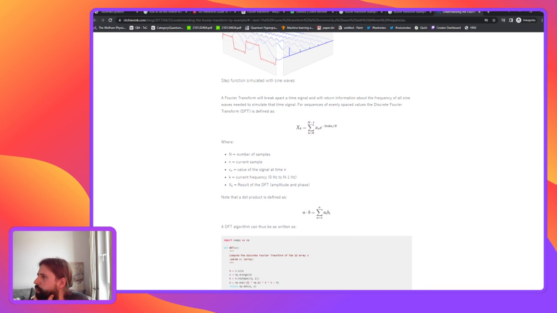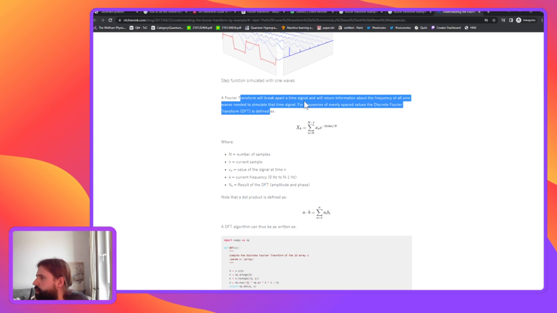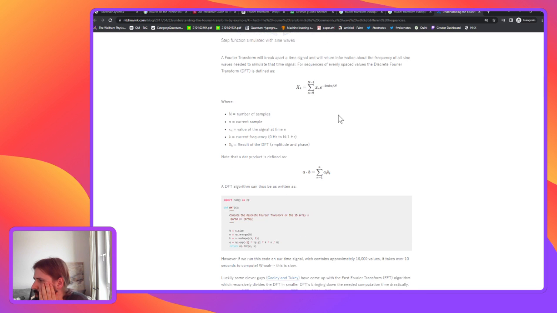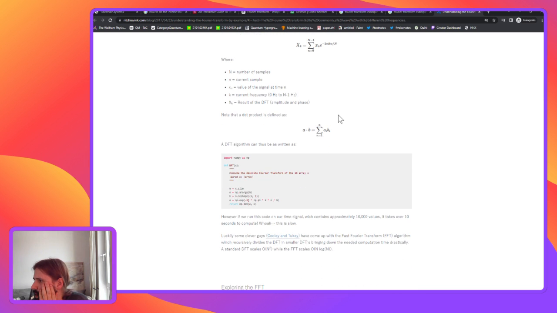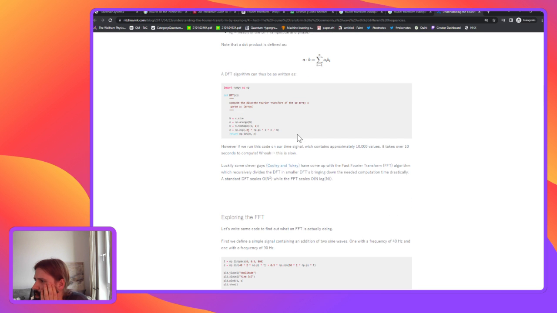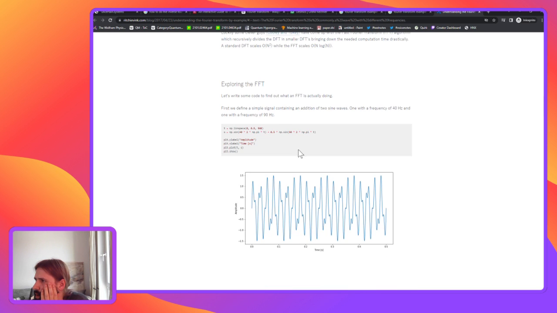Okay, so we'll break apart a time signal and we'll return information about the frequency of all sine waves. Yeah, but for sequences of evenly spaced values, the discrete Fourier transform is defined as, that's a discrete Fourier transform. Is that a specific Fourier transform algorithm, or what? FFT. Let's write some code.